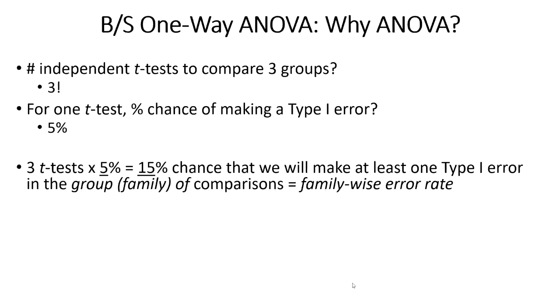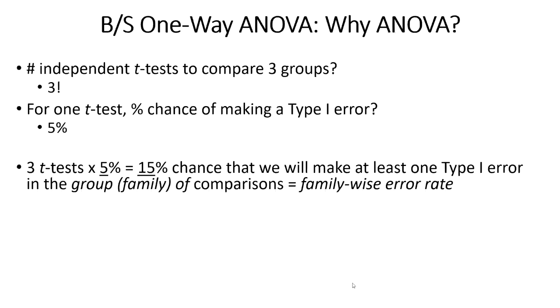So these 3 independent t-tests that we would need to conduct, that's a family of tests. They are related in that they all belong to the same independent variable, political orientation. Liberals, moderates, conservatives, they're all under the same independent variable here. So hopefully some of that made sense.